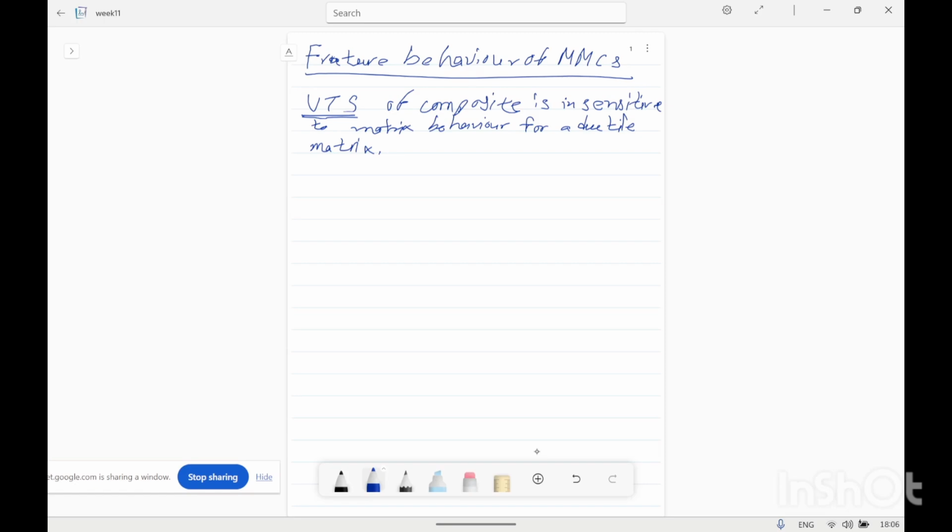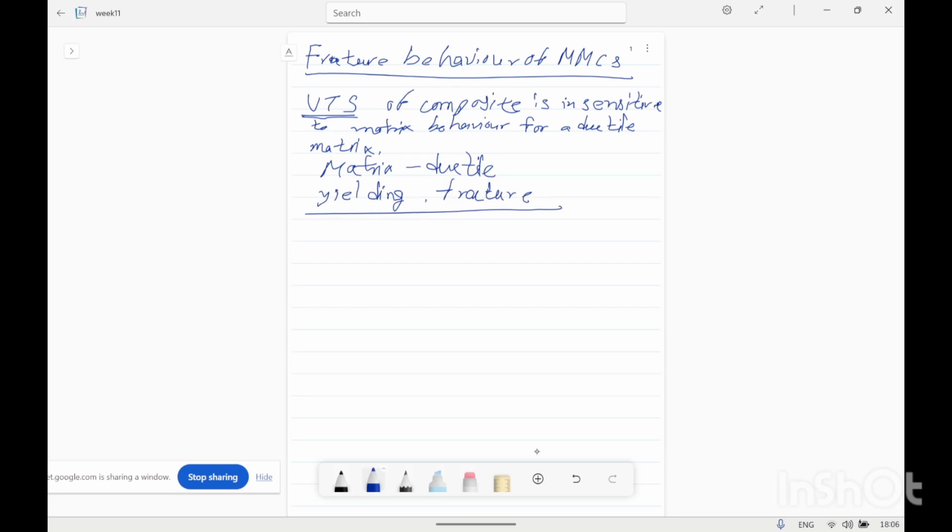So generally the matrix is known for its ductile behavior. And the main topic is the yielding and fracture behavior of composites.